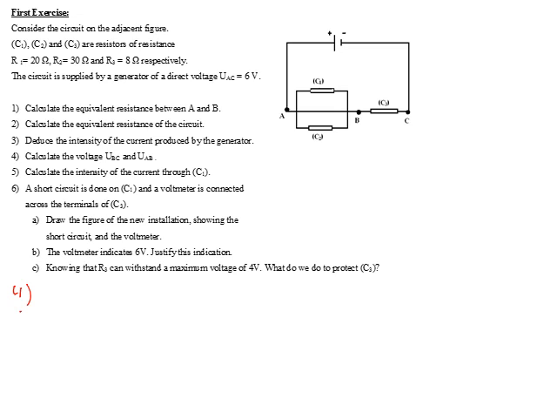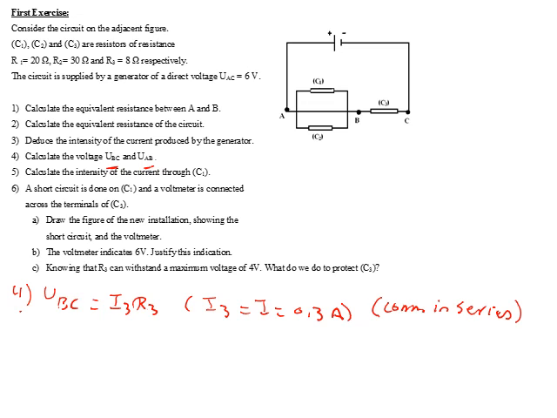Number 4. Calculate the voltages UBC and UAB. U across BC equals I3 R3 using Ohm's law. I3 equals I equals 0.3 ampere since they are connected in series, so it equals 0.3 times 8 equals 2.4 volt.